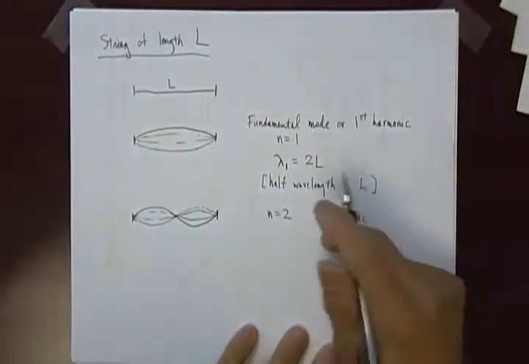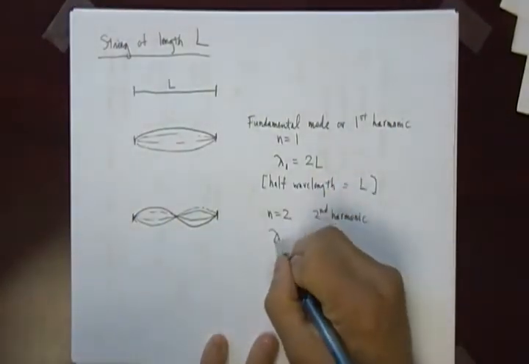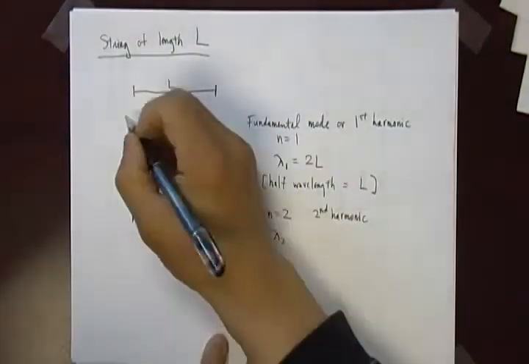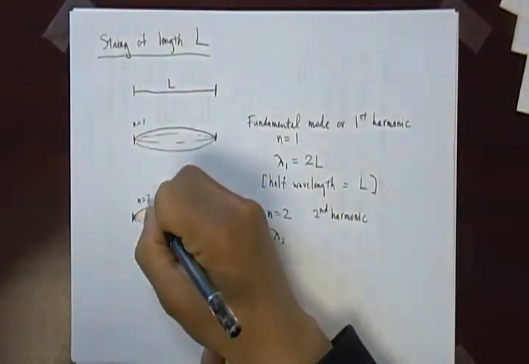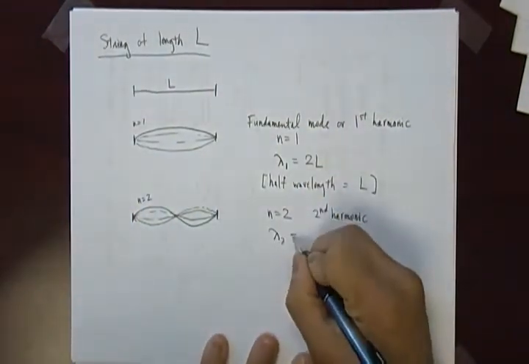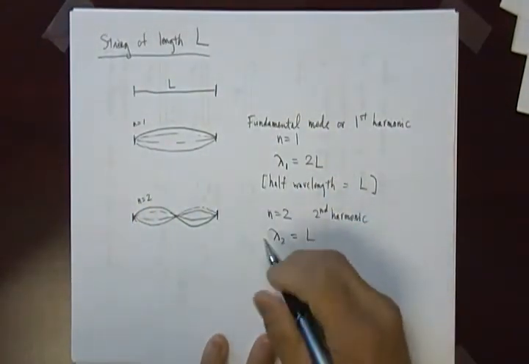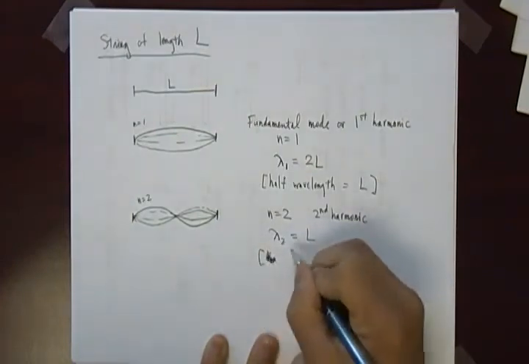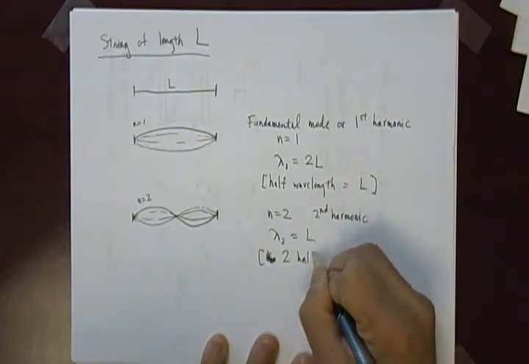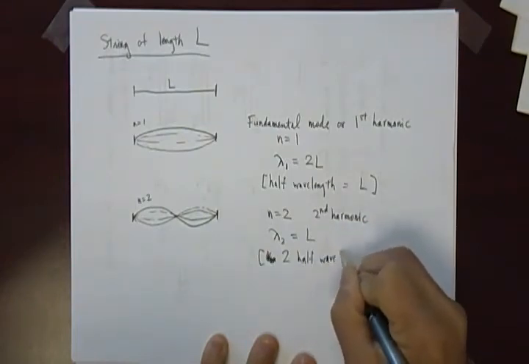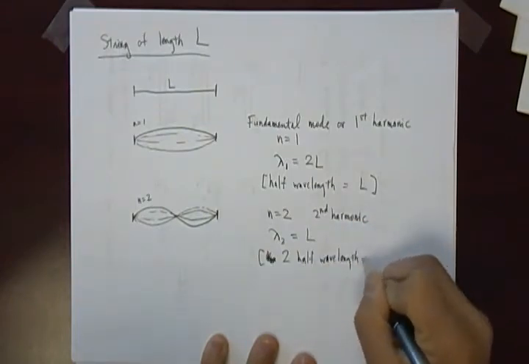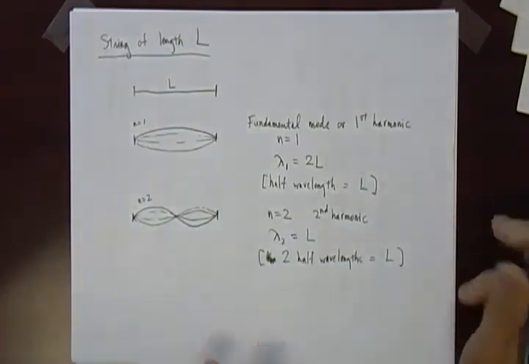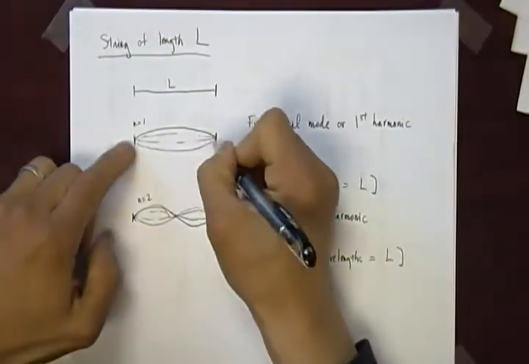So n equals 2, or the second harmonic. Lambda 2, that's the wavelength for this guy. Okay, so this is n equals 1, this is n equals 2. Lambda 2 is equal to L. And the way I like to think of it is, in this case, I have 2 half wavelengths equal to L. Okay, here's half a wavelength, just like we had here.